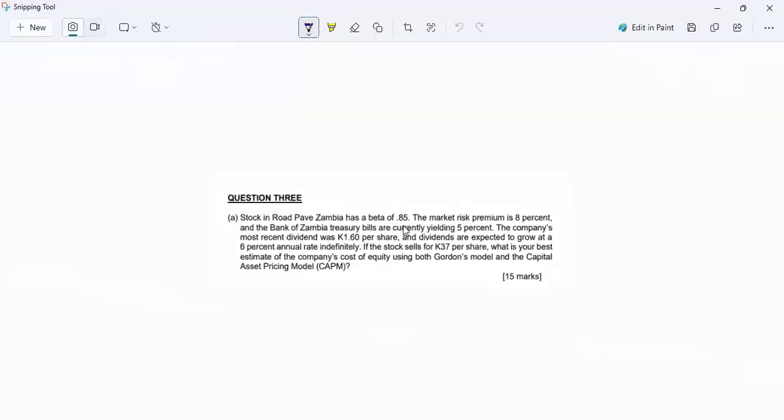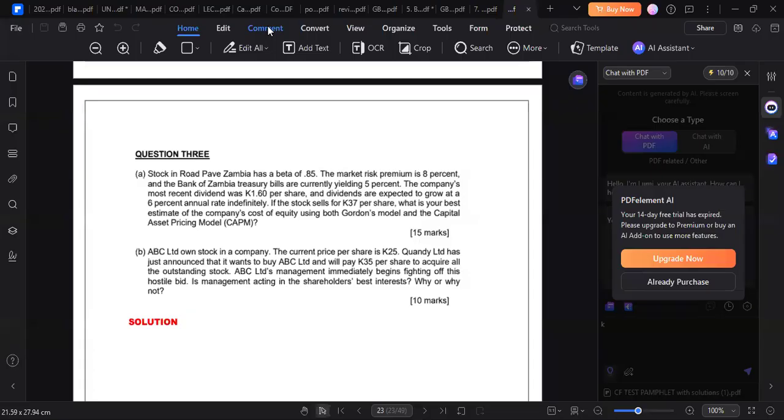So what are we given? The beta, 0.85. What else are we given? The market risk premium, 8%. I'd explain to you that market risk premium is what? This is very important to remember because some people will be looking for it in the formula.